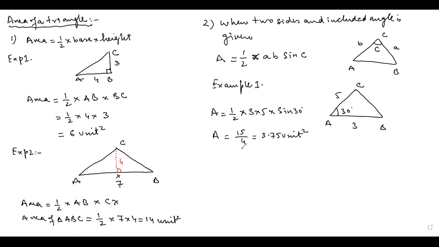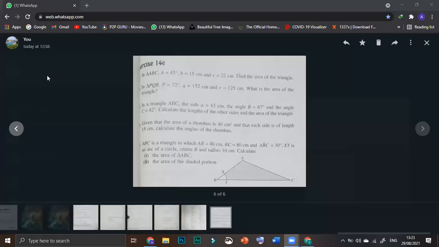Now we will attempt more questions. We will practice more questions from the exercise with the help of the new formula for the area of triangle. Question number 1 is, in a triangle ABC, angle A is 45 degree, side B is 15 centimeters, the side C is 22 centimeters. Find the area of the triangle.